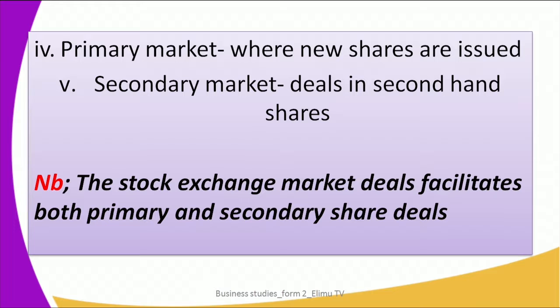This is where you have transfer of shares between shareholders or organizations. So the shares were existing earlier on, only that they are going to change ownership. They are going to be transferred to a new owner or a new person. So where such exchange takes place is what you refer to as the secondary market.